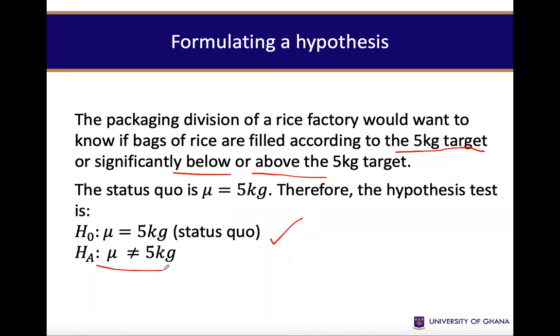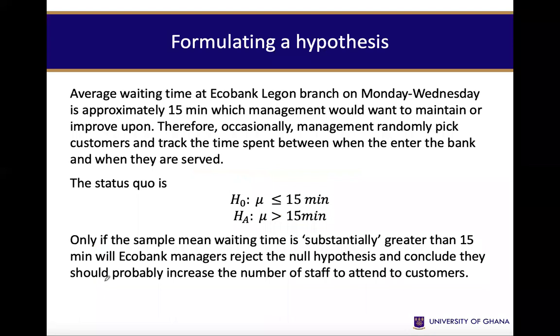So it is not equal to 5 kilograms. I remember how we are formulating it. We normally use H0 to refer to the null, and we normally use HA to refer to the alternate. So H0, that is the null, is such that the population mean is equal to 5 kilograms, and the alternate is such that the population mean is not equal to 5 kilograms.